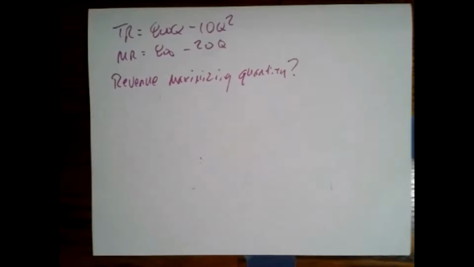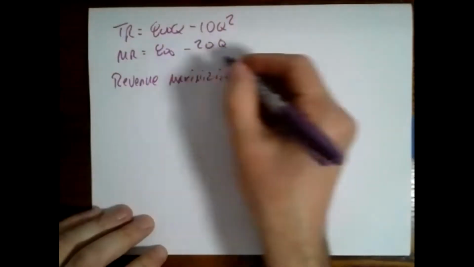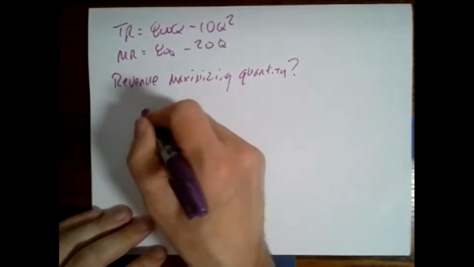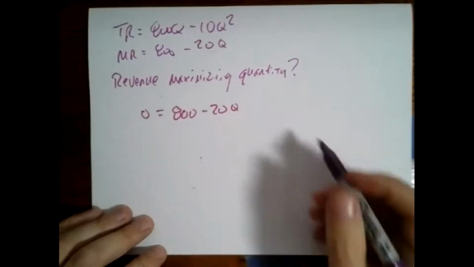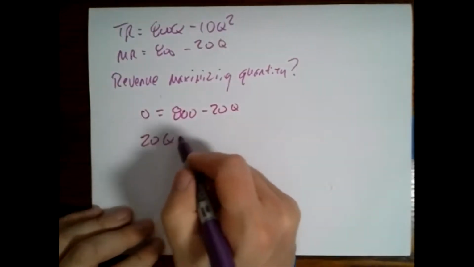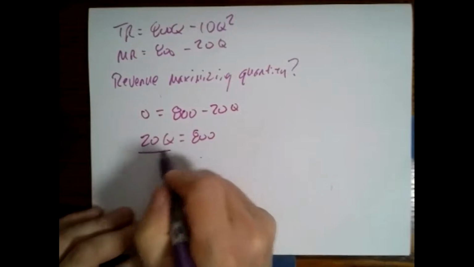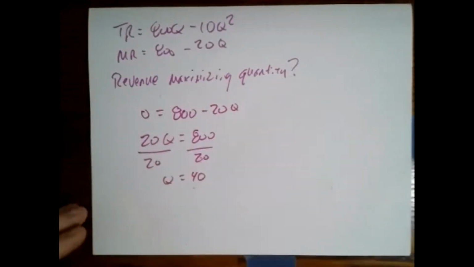So Ariana posted in the chat, you're going to set the marginal revenue equal to 0. So marginal revenue is 800 minus 20Q. So 0 equals 800 minus 20Q. And then it's a relatively simple algebra problem, right? That becomes 20Q equals 800. Then you divide both sides by 20, and you get Q is equal to 40.